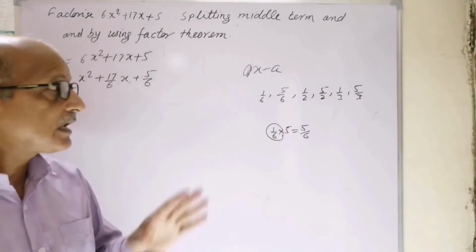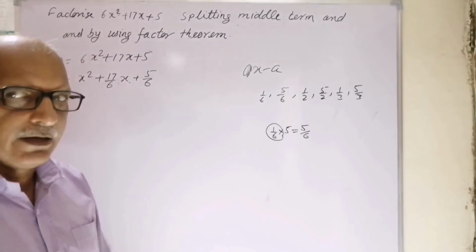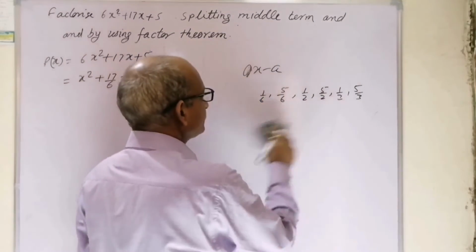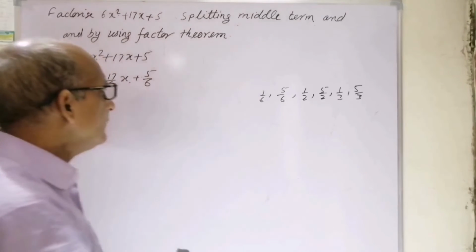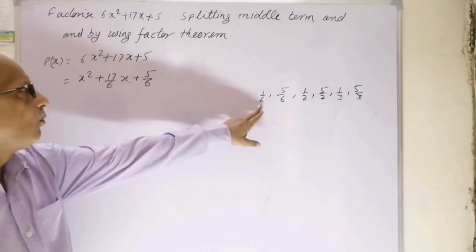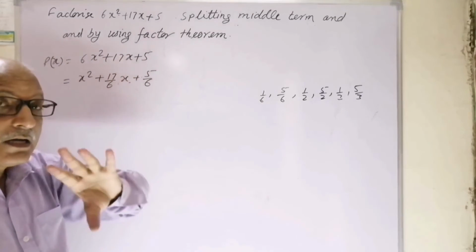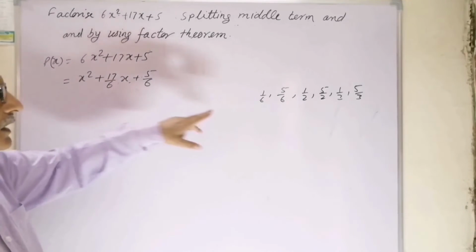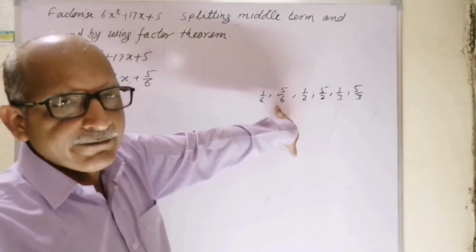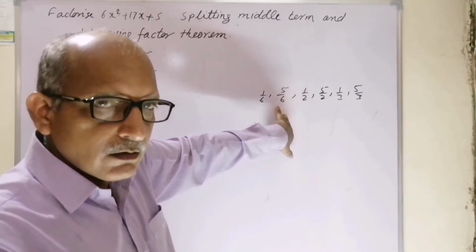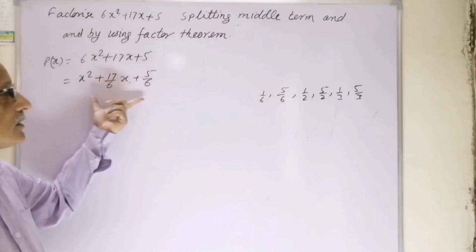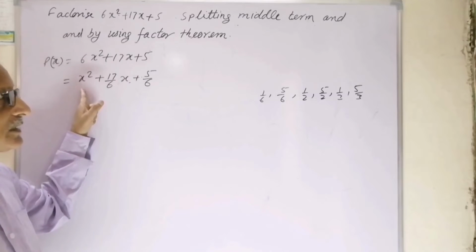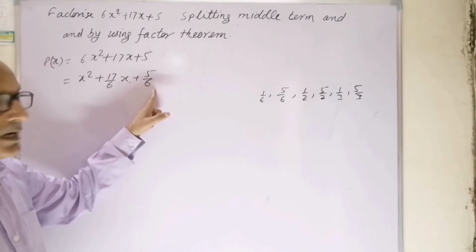Now we will start examining each and every one roughly. Let's see. We are going to examine with 1 by 6, but here you should use a little bit of mind: if we are taking a positive value of x, we can't get 0, because this will be positive, this is positive, this is already positive.